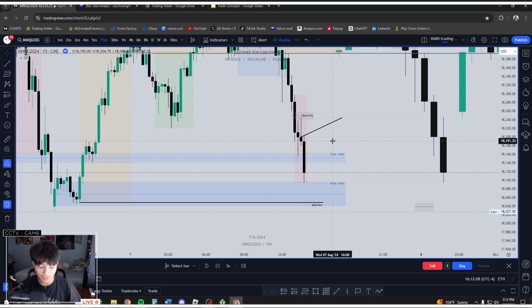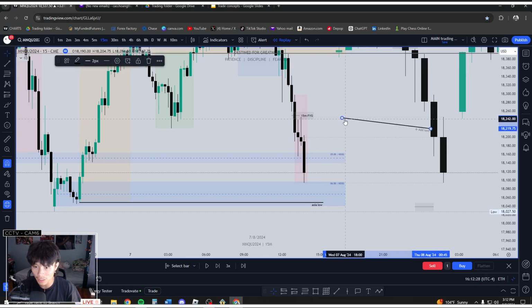I'm just anticipating for us to take out that 15-minute low, and I understand the reason why we even created that bearish power of 3. We came into a 15-minute fair value gap, we had a reaction to it, it showed signs of bearishness, and it is in confluence with the 30-minute power of 3.